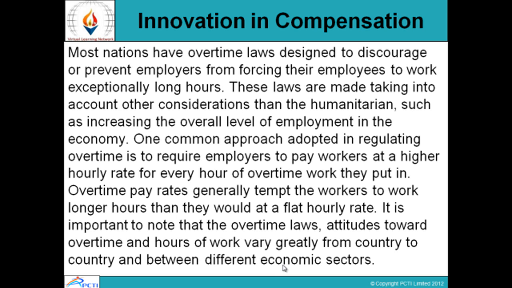One common approach adopted in regulating overtime is to require employers to pay workers at a higher hourly rate for every hour of overtime work they put in. Overtime pay rates generally tempt the worker to work longer hours than they would at a flat hourly rate.